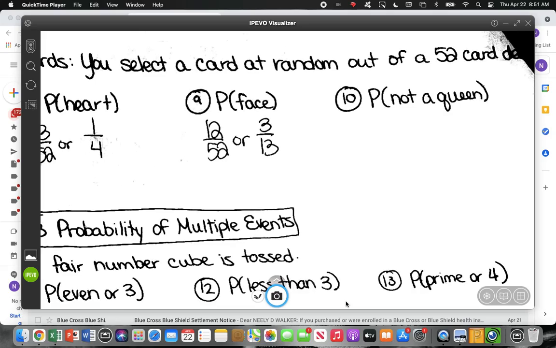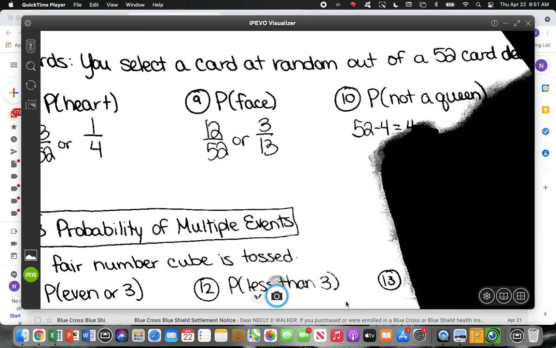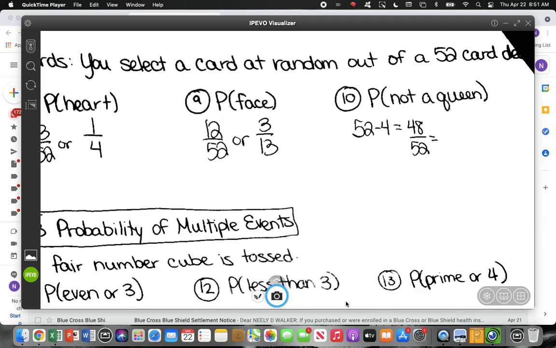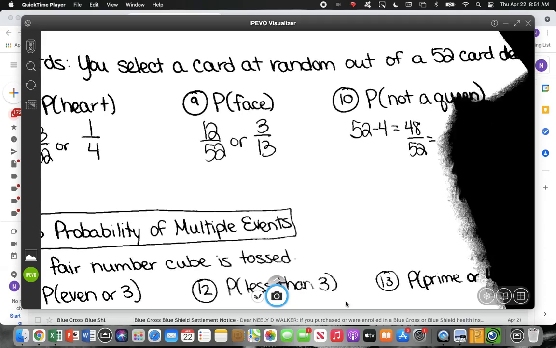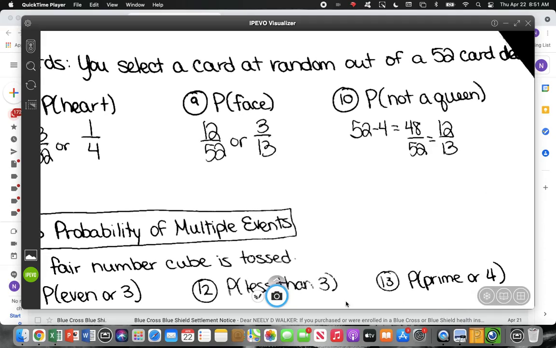So if it's not a queen, we would do 52 minus 4, which is 48. 48 out of 52 reduces to 12 out of 13. That's all you have to do on those. And I will have an image to go with it. Does that sound good? Yeah.